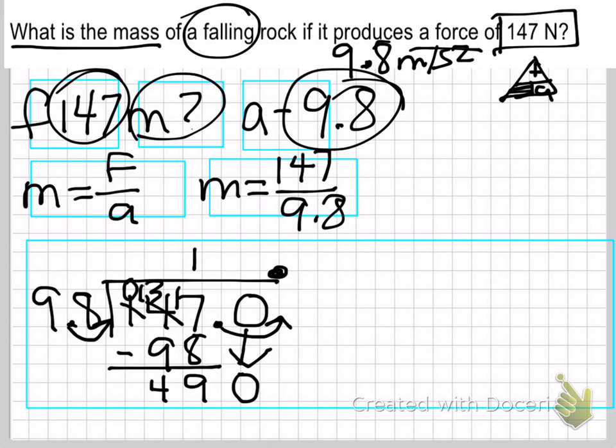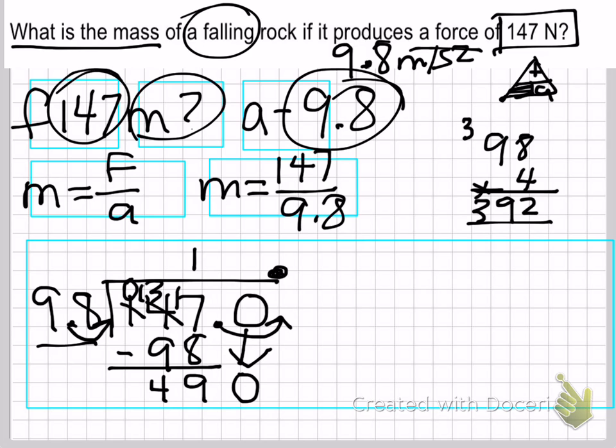Well, let's guess and check. I don't know how many times that 98 will go into 490. It's very close to 100, so maybe the answer is 4, because 100 would go into 490 one time. So I'm going to go up here and guess and check. 98 times 4. 4 times 8 is 32. Carry your 3. 4 times 9 is 36, plus 3 is 39. 392. Well, that's not enough, and there's quite a bit more.